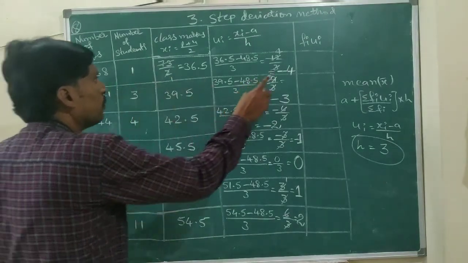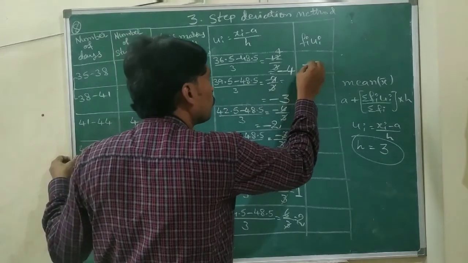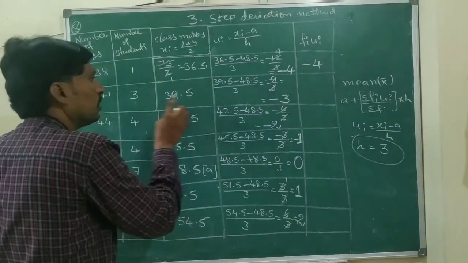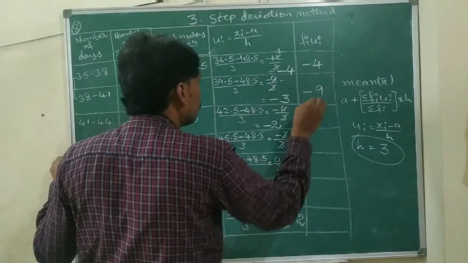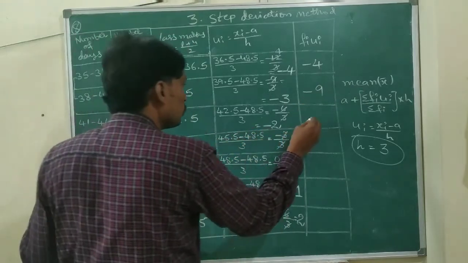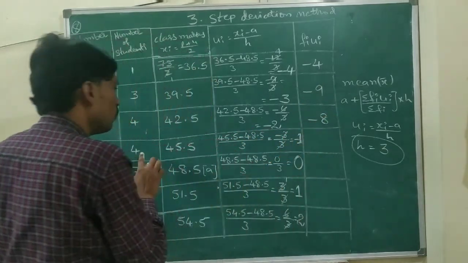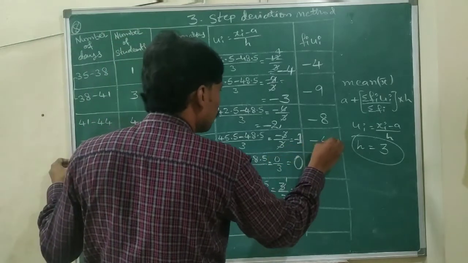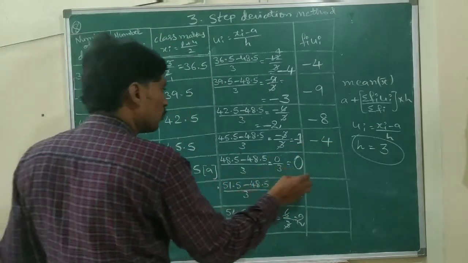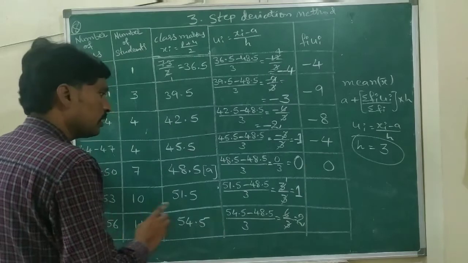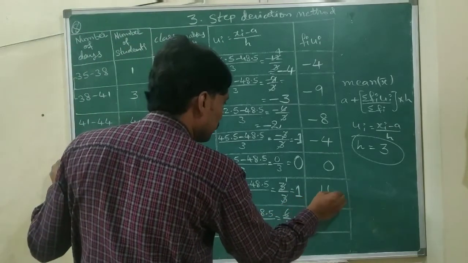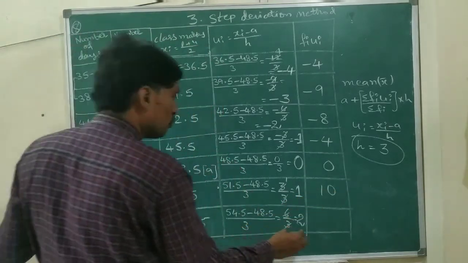Frequency 1 into minus 4 is minus 4. 3 into minus 3 is minus 9. 4 into minus 2 is minus 8. 4 into minus 1 is minus 4. 7 into 0 is 0. 10 into 1 is 10. 11 into 2 is 22.